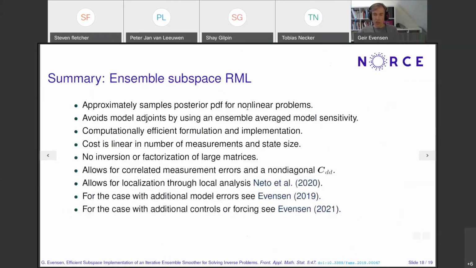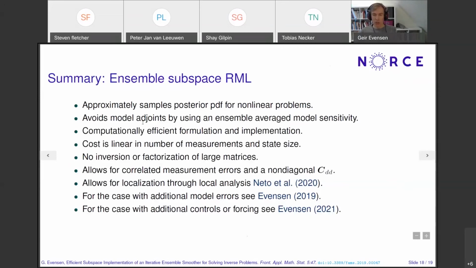Okay, so this method is now operational in some software, and is used in, like, Equinor, the Norwegian oil company, to match or fit their models to data in all their assets. It approximately samples the posterior PDF for nonlinear problems, but of course, if it's too nonlinear with multimodal behavior, it will not work.